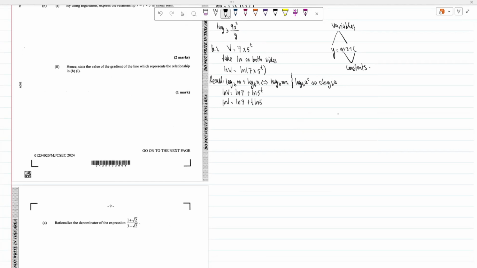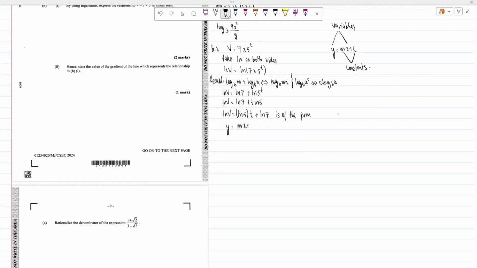I could write this down like the equation of a straight line now. A variable is equal to a constant, which is ln 5, multiplied by a variable plus another constant. All see that? And I could say it is of the form y is equal to mx plus c.